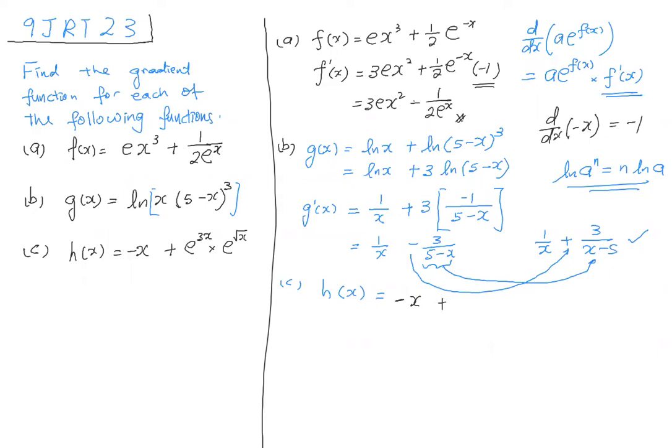Okay, tell me the simplified version of it. e to the power 3x plus x to the power of 1 over 2. Yeah. Square root is power half. Okay, why do we write that? So that we can differentiate easily. Okay, so now we find the derivative of h(x).